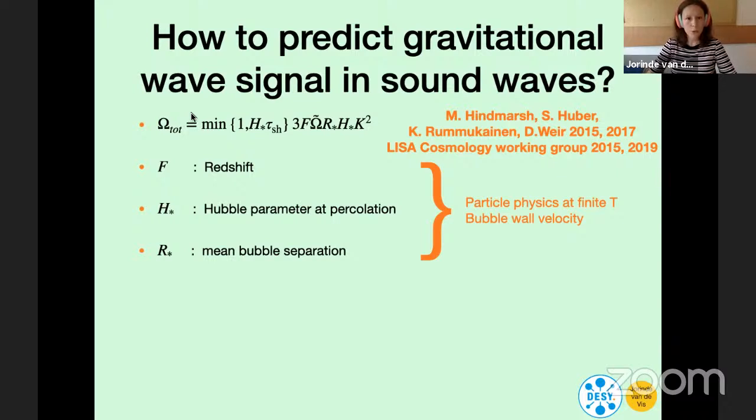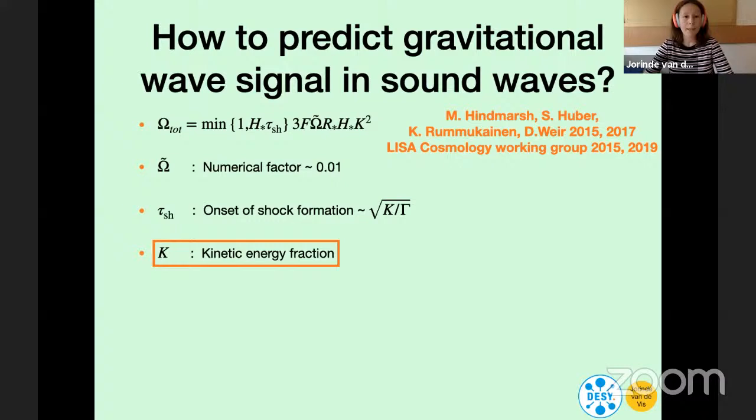Now let me go through the various quantities appearing in this formula. F is the redshift, H star is the Hubble parameter at the moment of percolation, and R star is the mean bubble separation. All of these quantities depend on your particle physics model at finite temperature and the bubble wall velocity. Then there is omega tilde, which is extracted from the lattice.